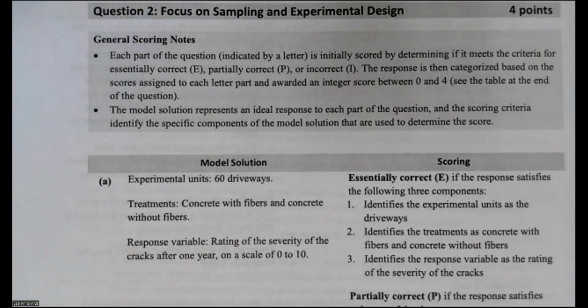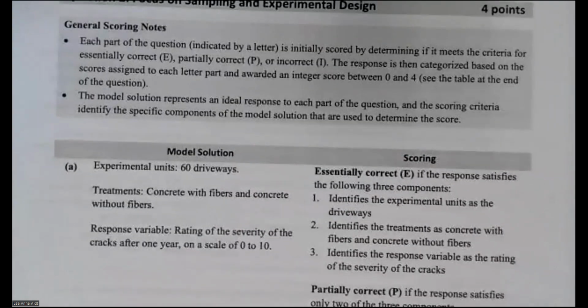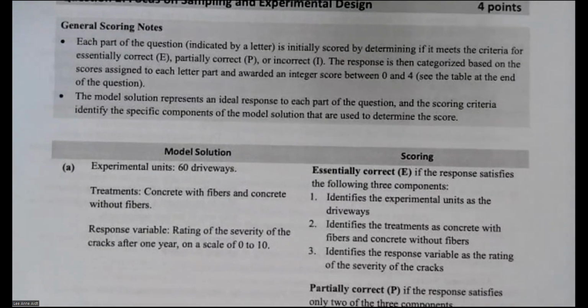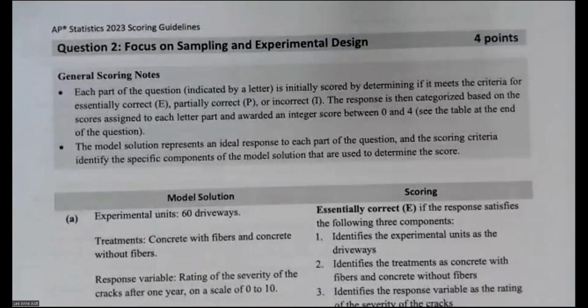But if you guys could type in whatever comments there are, and then we'll move on to question 2. Do you guys all kind of get how the Google form works now?